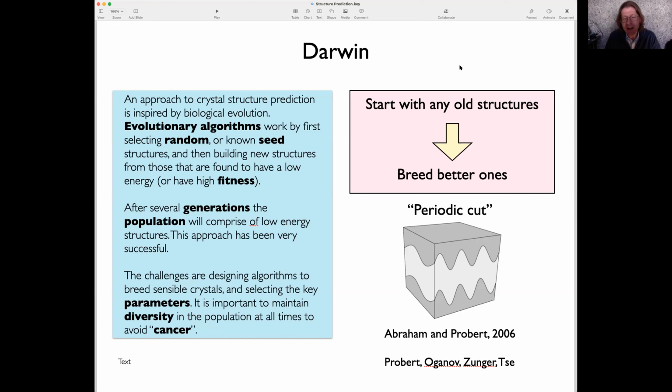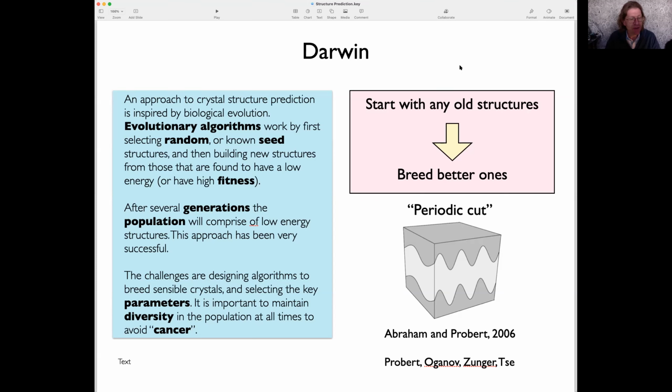And you'll see that the evolutionary algorithms and my random search approach, along with others, all kind of emerged about the same time, around 2006. They started to become published. So Matt Probert and Artem Oganov published evolutionary algorithms for crystal structure prediction. Same year, the ab initio random structure searching came out. The ideas are very similar.